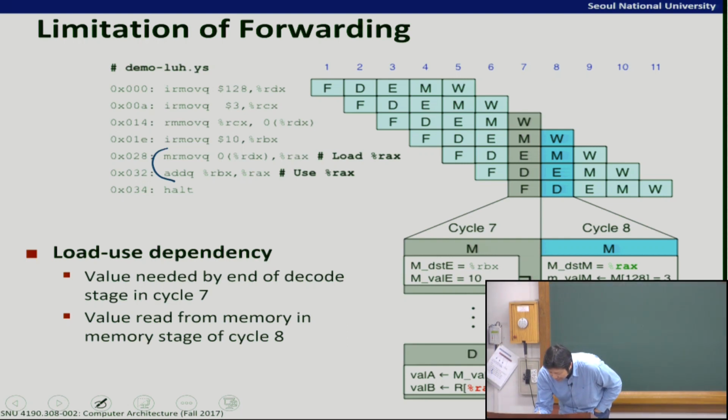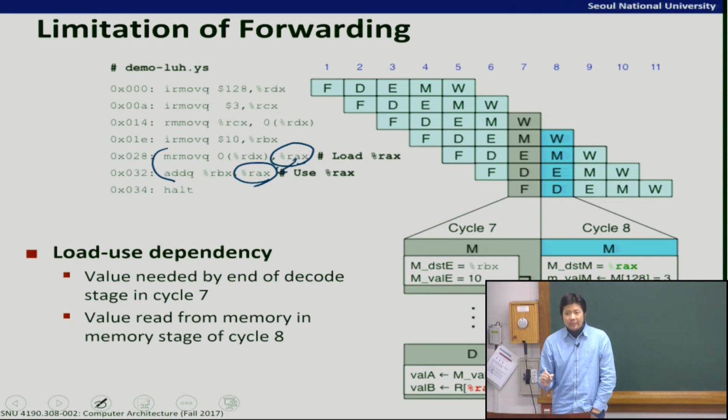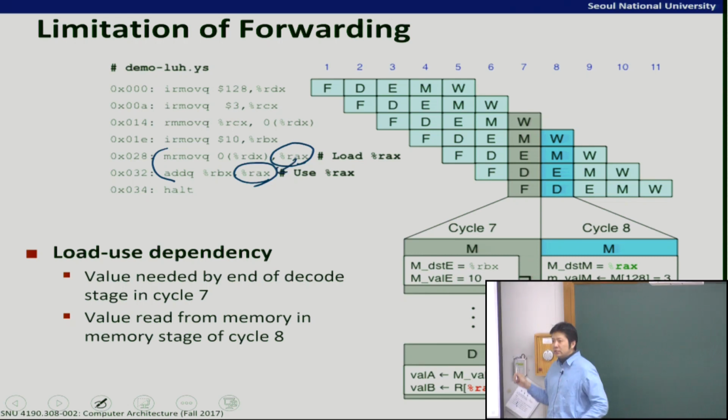This instruction updates the value of RAX, and this one uses the value of RAX. So surely there's a dependence between the two, right? But the difference from the previous example is that this one is a load instruction, mrmovq. So mrmovq means you read the value from memory, not from the ALU, right? So let's think about this case.